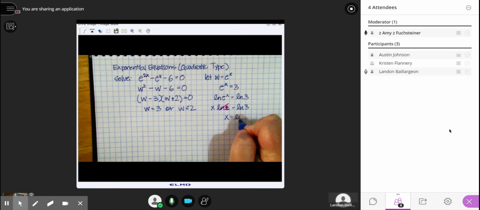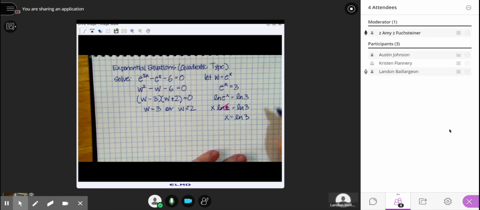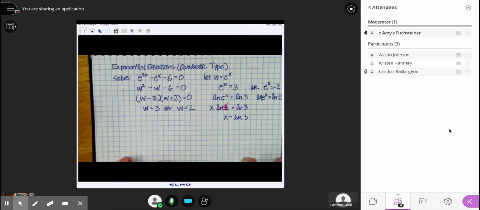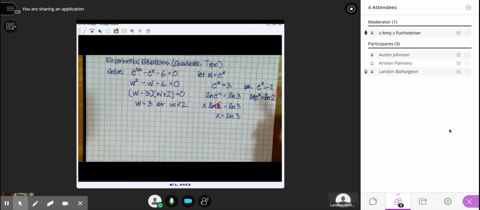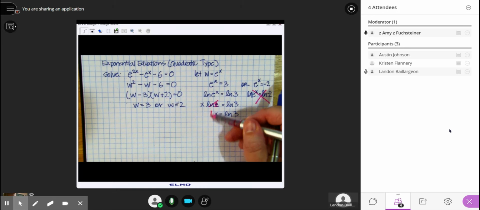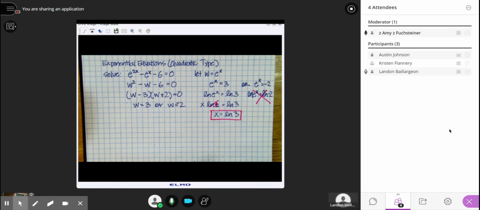And x is the ln of 3. Or it could be that e to the x is a negative 2. So the ln of e to the x is an ln of negative 2. You can't take the natural log of a negative number, so that's a domain error. And our x value is just the natural log of 3.